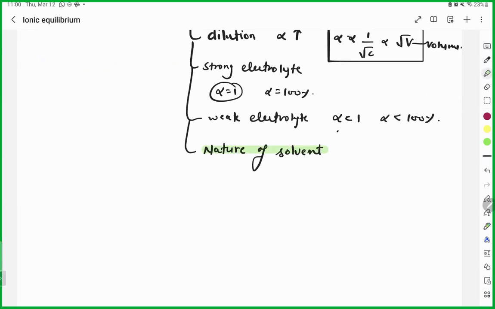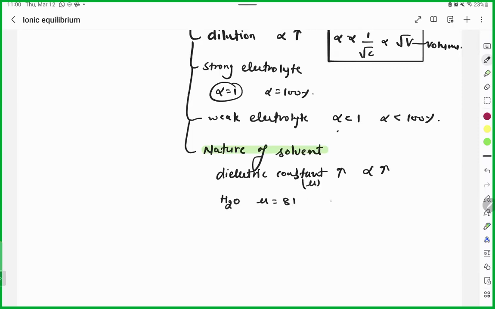So if the dielectric constant is increasing, then alpha will also increase. If the dielectric constant increases, then your alpha will also increase. Example, if you take H2O, the dielectric constant value is equal to 81.